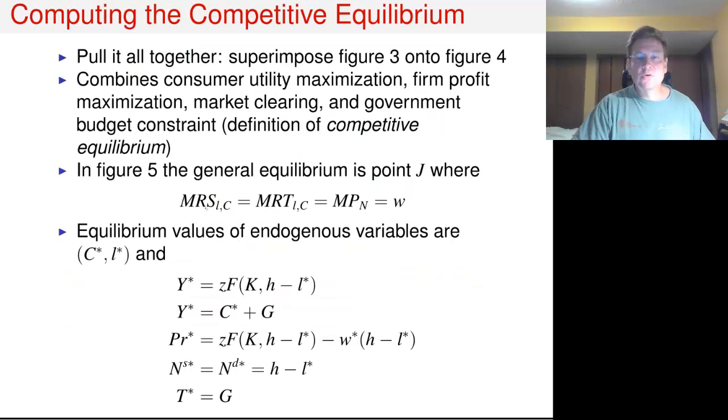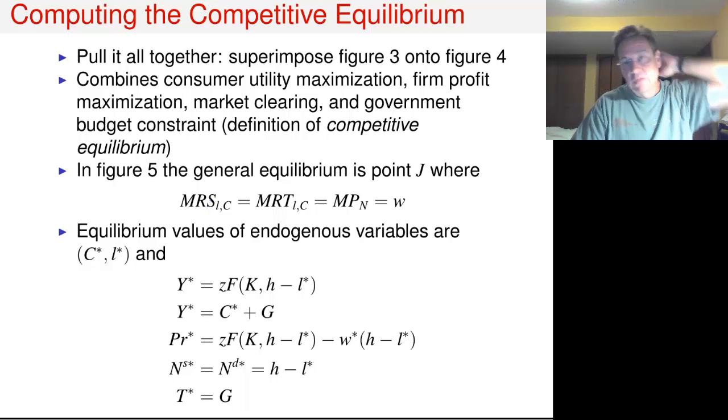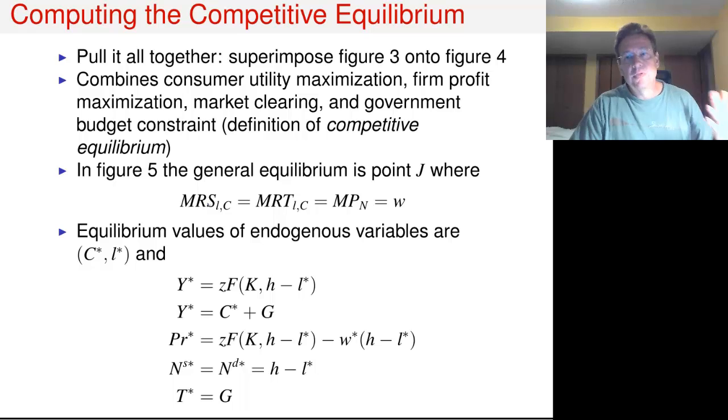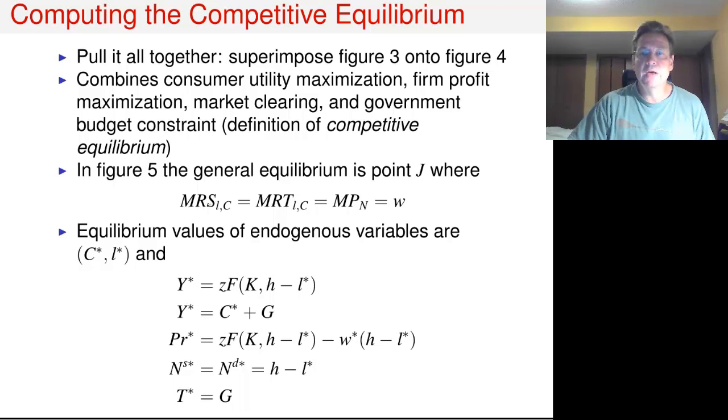So now what we can do is pull all of this together. We can superimpose the household or the consumer's budget constraint and its choices onto that figure that we just developed, and that will then yield a figure that embeds the consumer maximizing utility.